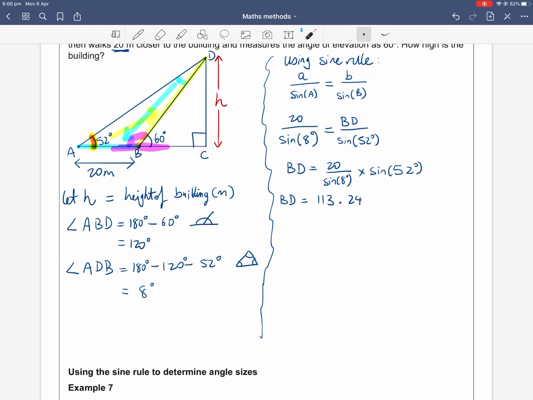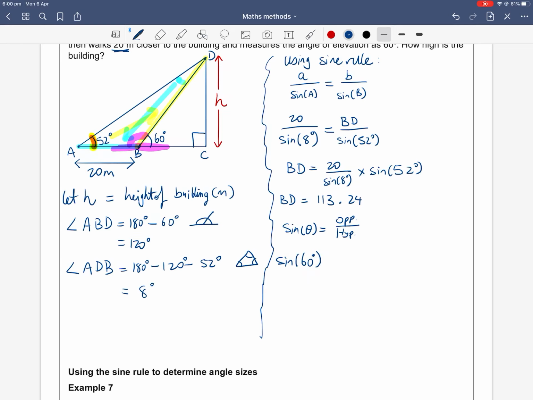Now, as we said, looking at the angle BCD, because that is a right angle triangle, we can apply SOHCAHTOA. So we've got the opposite side and we've got the hypotenuse BD, so that screams sine, or SOH, to us. So the default formula: sine of angle is opposite over hypotenuse.